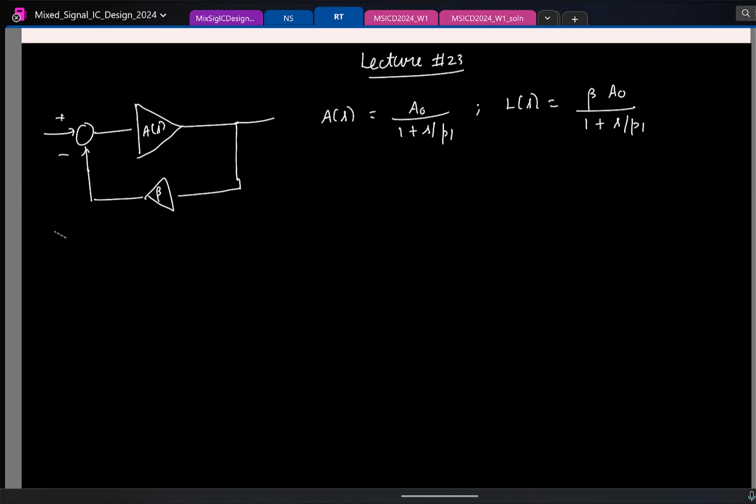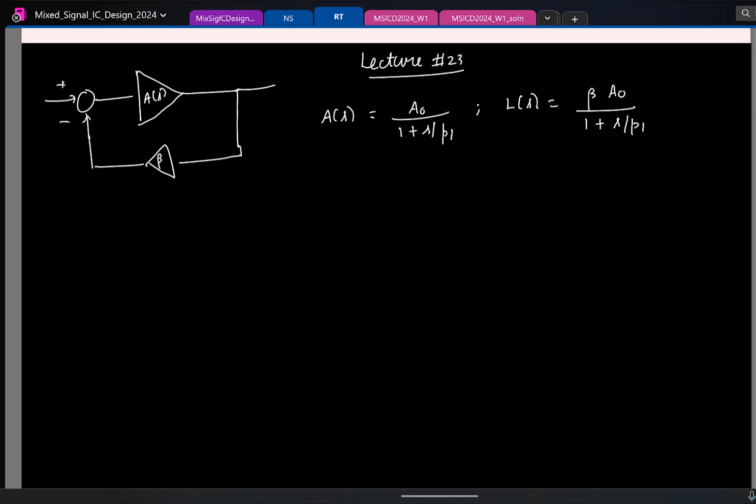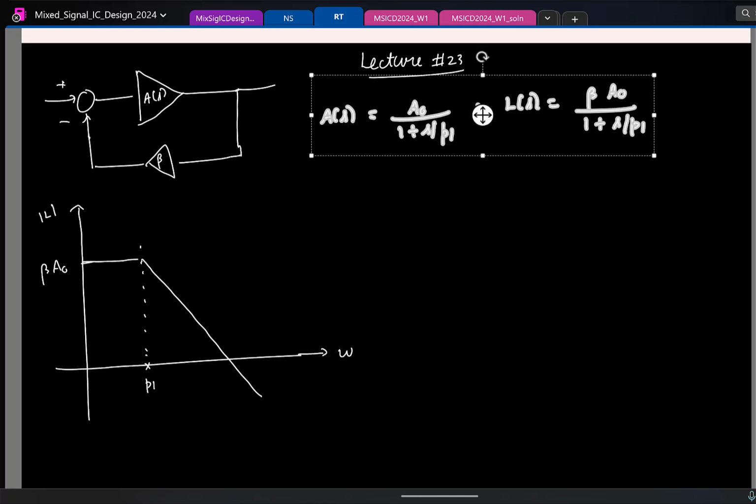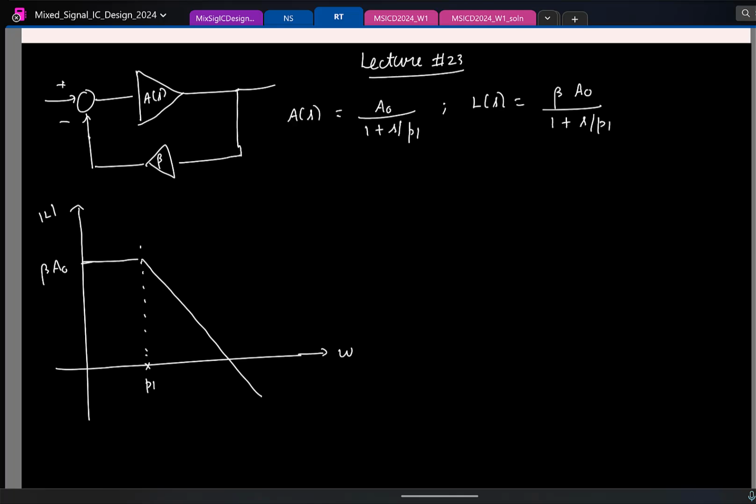So we decided, if we plot the magnitude of this function alone versus omega, let us say this is magnitude of L. At low frequencies it starts with beta A0, and after it encounters the first pole, it drops with the slope, something like this. So here, what is the closed loop gain H of S in terms of the loop gain?